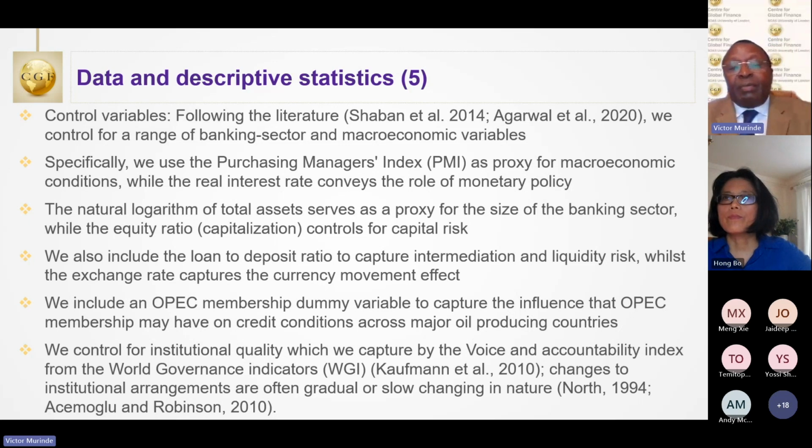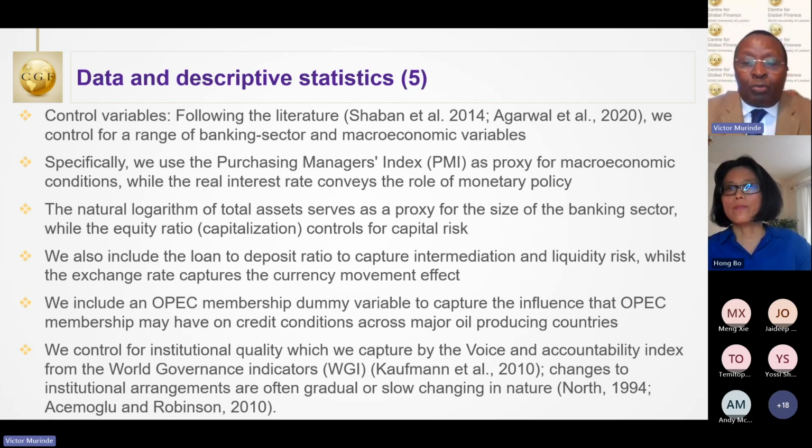For macroeconomic conditions, we use the Purchasing Managers Index as a proxy, used in some of the previous literature. And also we look at the real interest rate as a capture of the role of monetary policy.